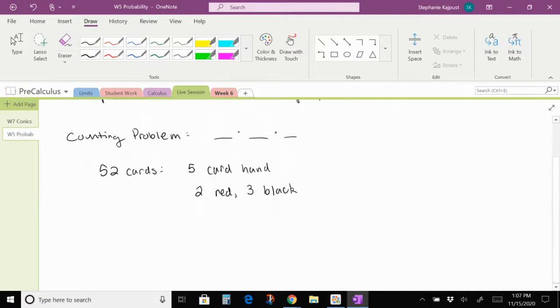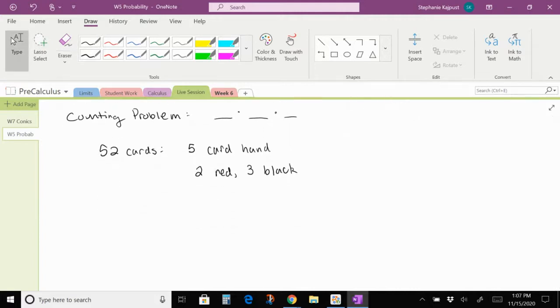So when we set up a counting problem with something like this, you need to find the total possibilities. We determined that this is going to be a combination, so we go back to that counting problem setup where you multiply.